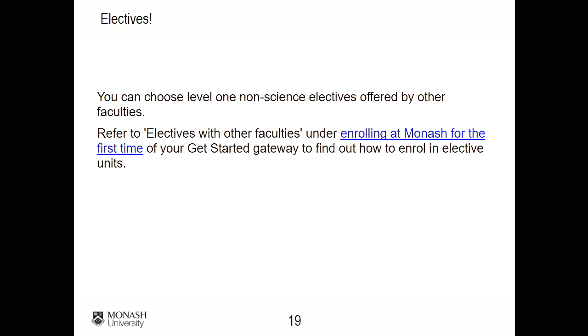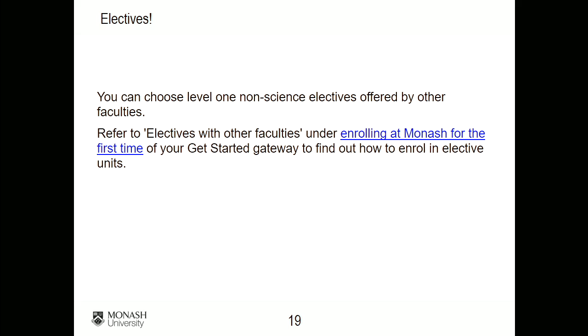So in terms of electives, I've spoken a little bit about this. You can choose electives in science, or you can choose a range of non-science electives at first year. However, there are some restrictions. In the Faculty of Arts, you can enrol via the online system, via WES, if you meet the prerequisites.